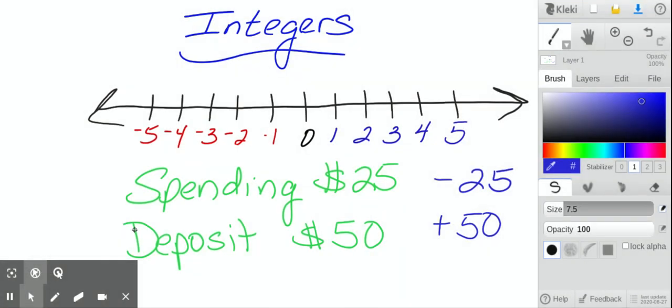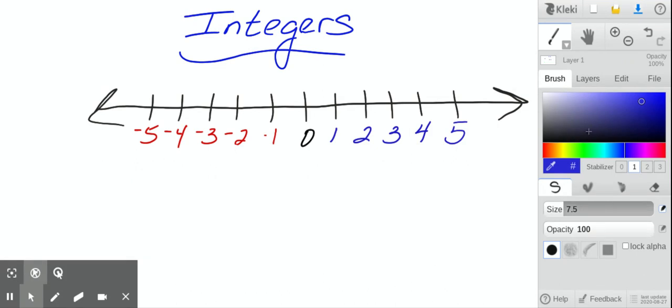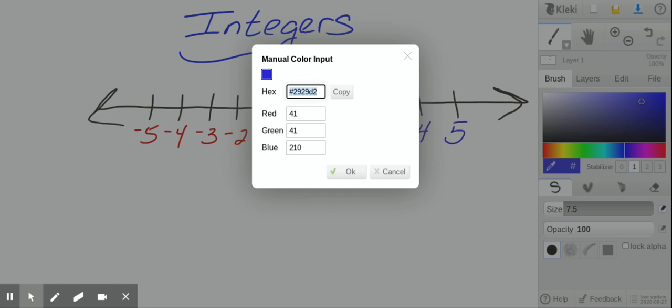All right. So, all right, we talked about money. We talked about football. Let's say we were talking about someone going snorkeling, let's say, and they were 10 feet below sea level. Well, how would we represent 10 feet below sea level?